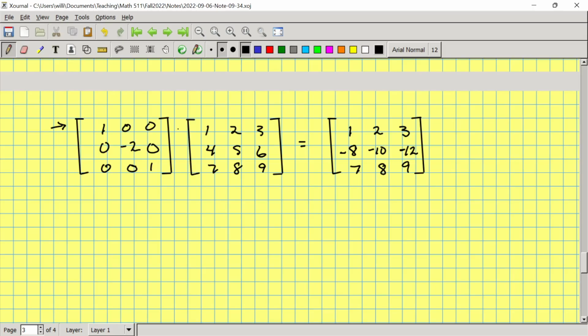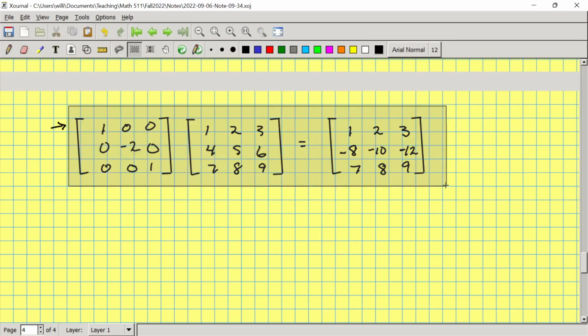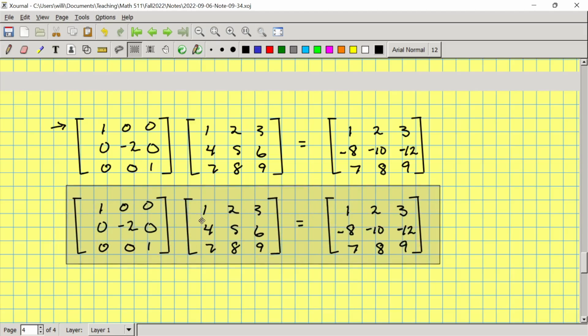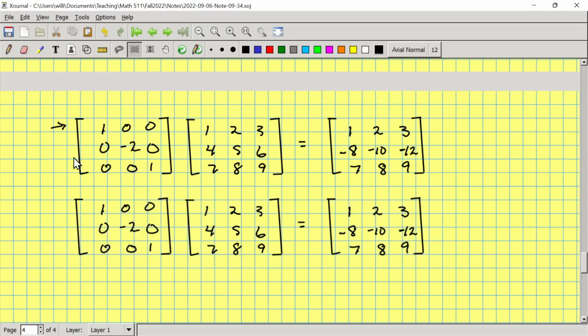Okay, so let's subtract 4 times row 1 from row 2. So, let's see here. This part's going to change. And that means this part's going to change. And now we want to subtract 4 times row 1 from row 2, right? Because we want to get 0 under the pivot.